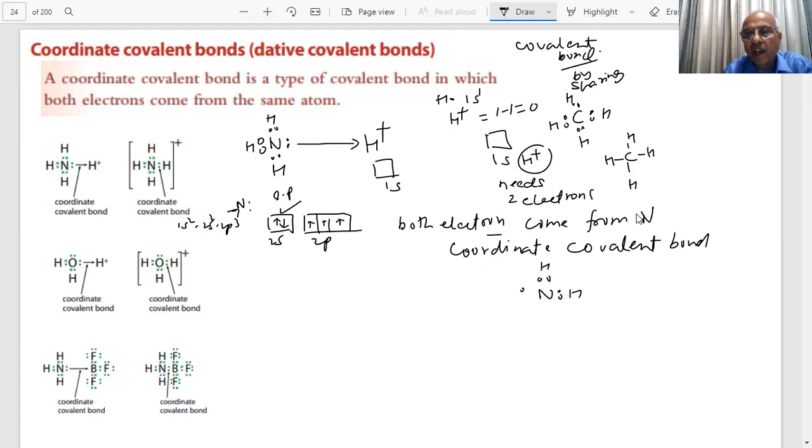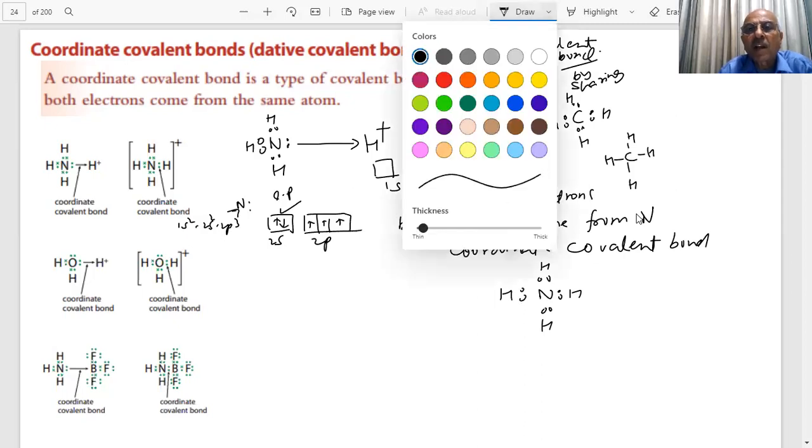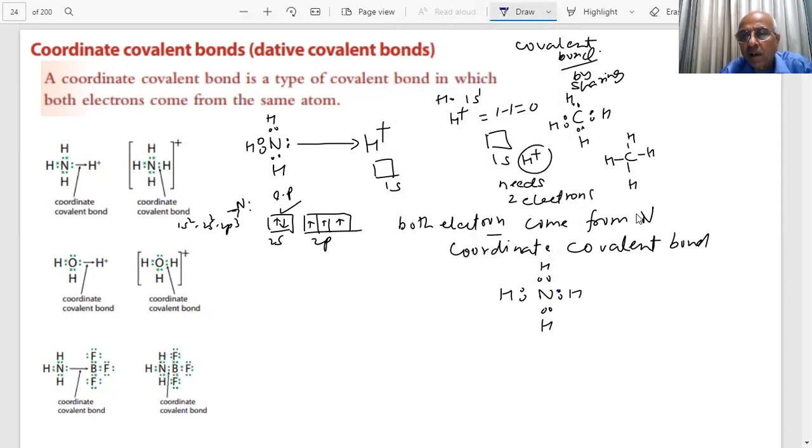Supposing these 2 blue ones are the electrons given by the nitrogen. Both the electrons are coming from nitrogen. Yes, sir. And this type of bond is called a coordinate covalent bond or a dative covalent bond.